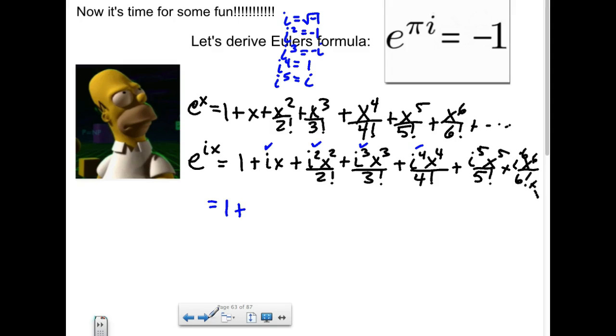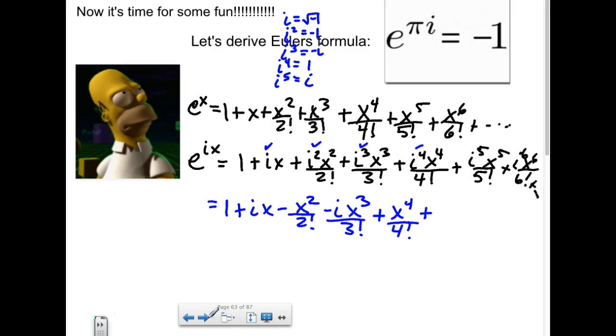So I've got 1 plus ix, and then I squared, so I'm going to be having a minus x squared over 2 factorial, right? What's i cubed according to my Algebra 2 stuff up there? I'm going to replace that with -i. All right. i to the 4th is 1. And I'm carrying this out a ways past our normal ellipses because I want to see more of it.